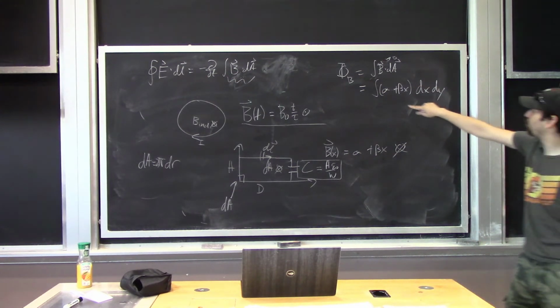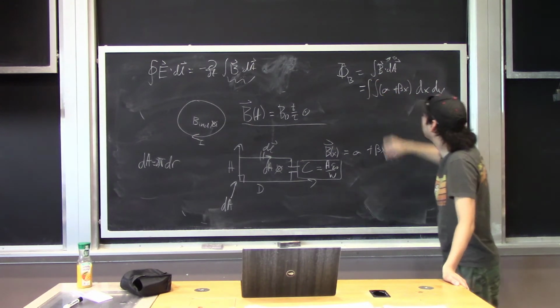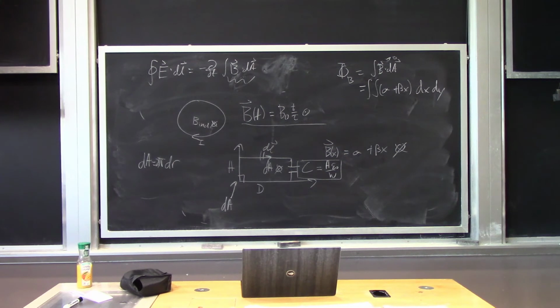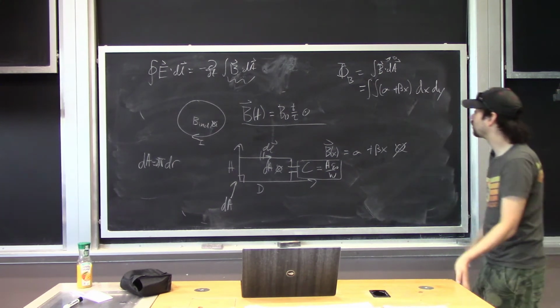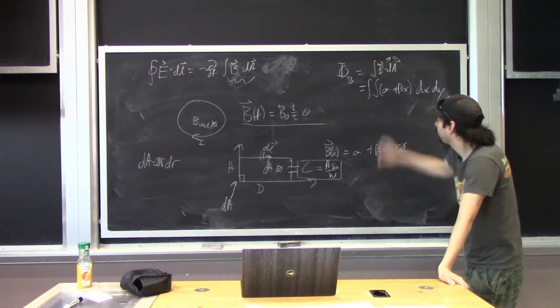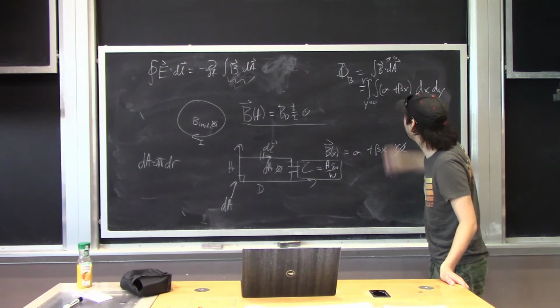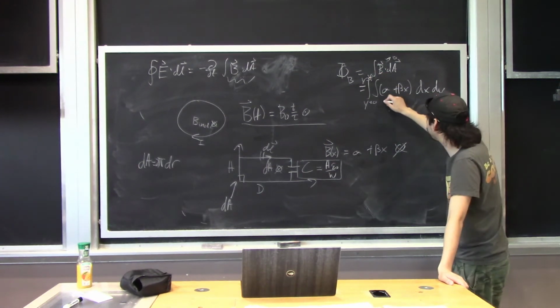Now, when we look at the function that we have for our magnetic field, we see that it actually doesn't vary over y. So when we do that integral, it's just integrating a constant, right? So where does y start? Y is equal to 0, to y is equal to what? Where does y end? H. Where does x start?